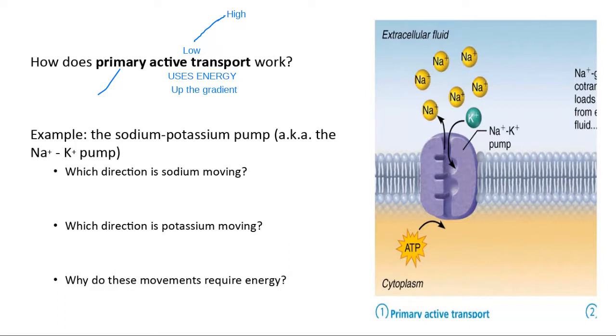Yeah, in primary active transport, my form of energy is ATP. ATP. That's my energy money that the cell builds. To do primary active transport, I use the energy money that's stored inside my cell. So the sodium-potassium pump is an example of a carrier protein that uses ATP to move stuff.